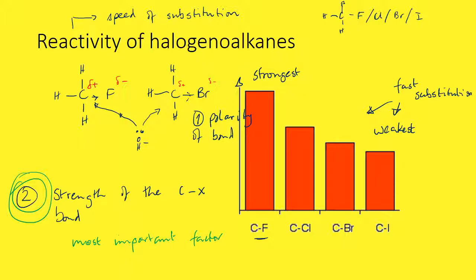So the trend in reactivity, or the speed of substitution of halogen alkanes, is fastest with the bromo alkanes. All right. So let's write that down. Fastest substitution, bromo alkanes.